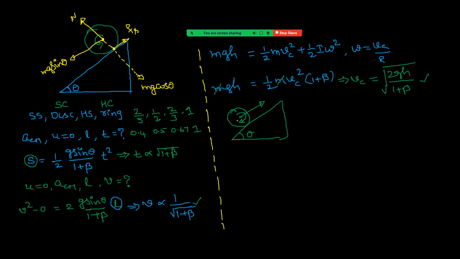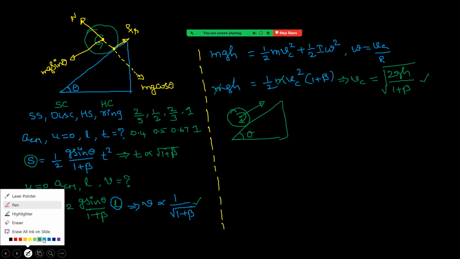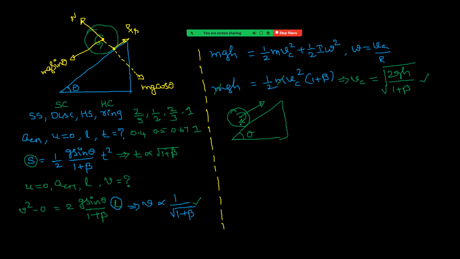I am repeating: omega keeps on decreasing. Omega decreasing means torque must be opposite to the direction of omega. In this diagram, omega is clockwise, so torque must be anti-clockwise.